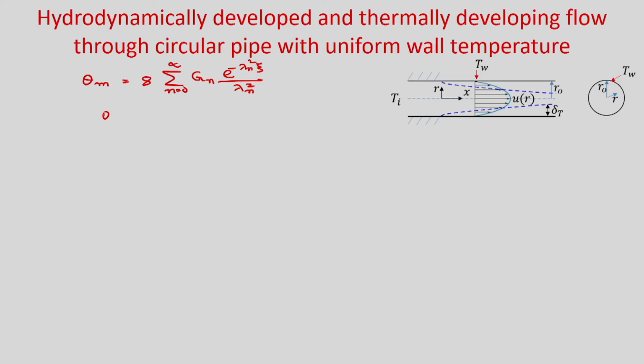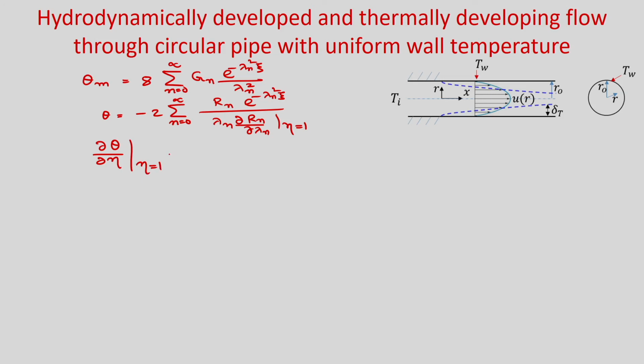So, we know theta, which is minus 2 summation n equal to 0 to infinity r n e to the power minus lambda n square xi lambda n del r n by del lambda n at eta is equal to 1. Okay. So, now we find del theta by del eta at eta is equal to 1. Okay. So, you will get minus summation n equal to 0 to infinity.